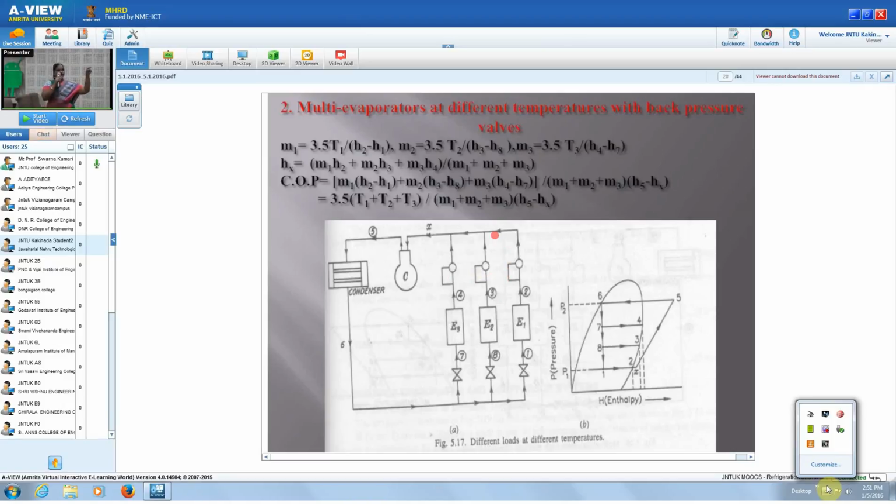At the end of condensation the refrigerant at 6 goes into the first expansion valve and then comes out at 7. Then the refrigerating effect required in the evaporator is only H.